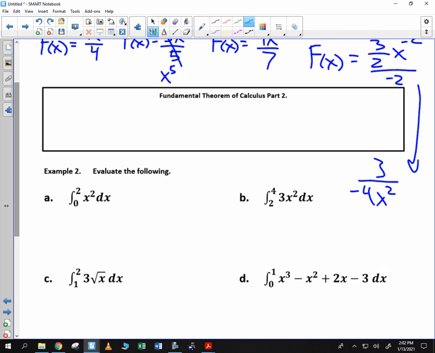So how do we do the area? We will say that the area is represented by what we call an integral symbol.